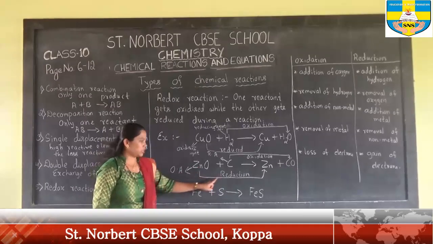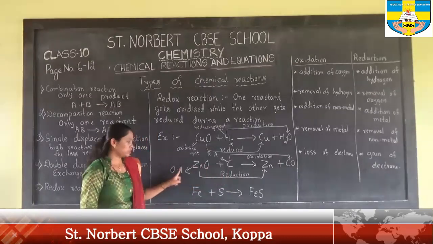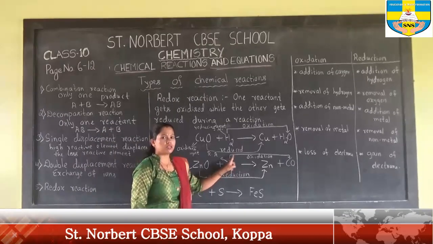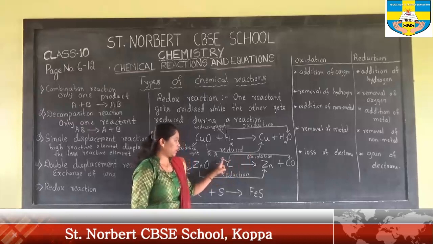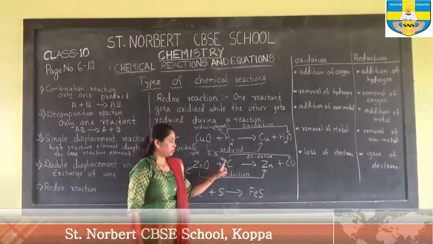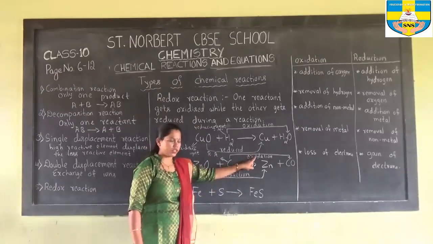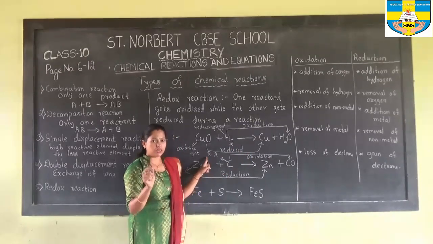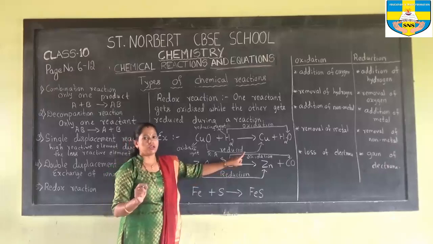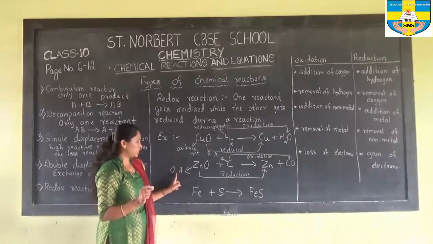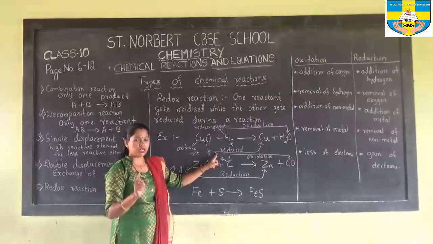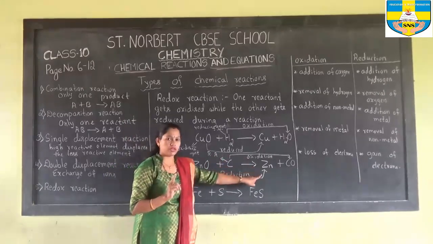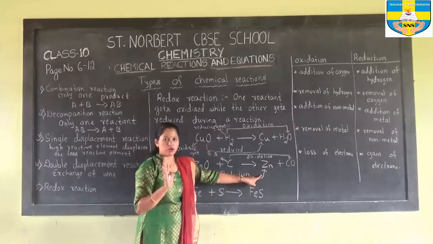Which substance undergoes oxidation? That is the reducing agent. We only have to identify the oxidized and reduced substance, oxidizing agent and reducing agent in the reactant side, not in the product side. This is a very important point.